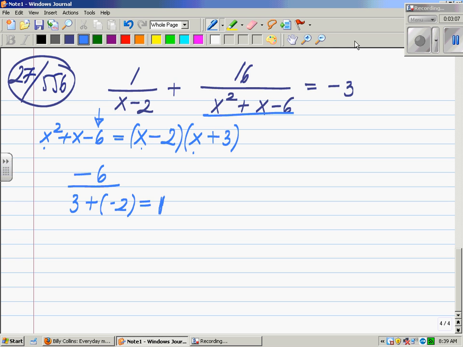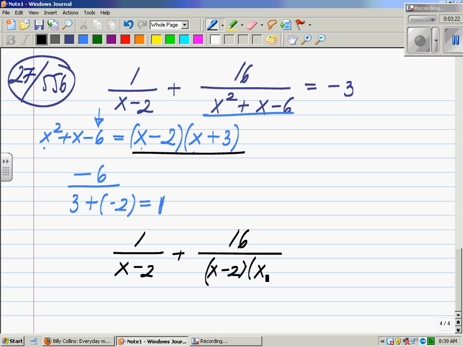So let's rewrite my equation by using that. 1 over x minus 2 plus 16 over x minus 2 times x plus 3 equals negative 3.